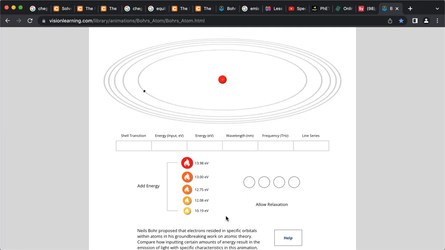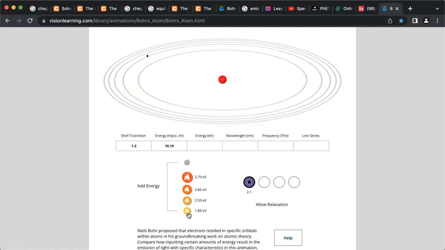If I want to jump to the next level, n equal 2, the yellow button will be the chosen one. So if I want to jump to the second level, I will need to add 10.19 electron volts. Look at this. Now I am n equal 2.